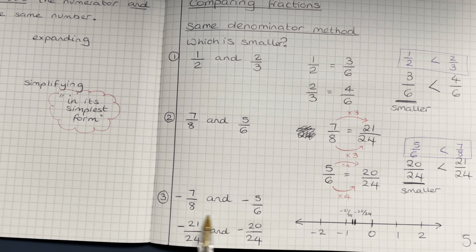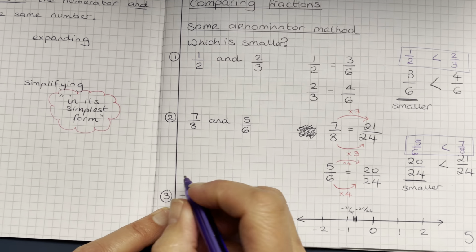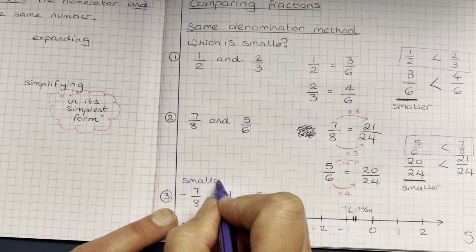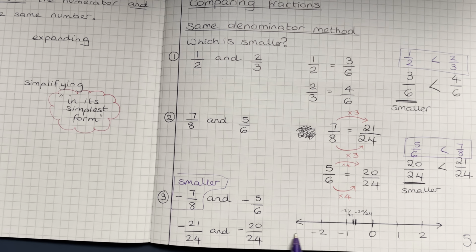So remember, when you're looking at negative numbers, it's the number that is closer to 0 that's larger. So if we're looking for the smallest out of these two, this time instead of 5/6 being smaller, it's going to be negative 7/8 that is smaller because it is further away from 0. So just be really careful with those negative numbers because you can get unstuck.